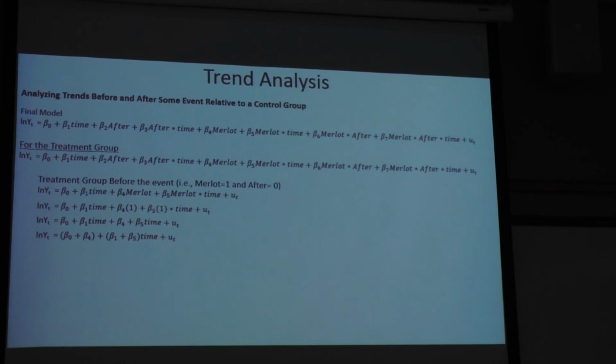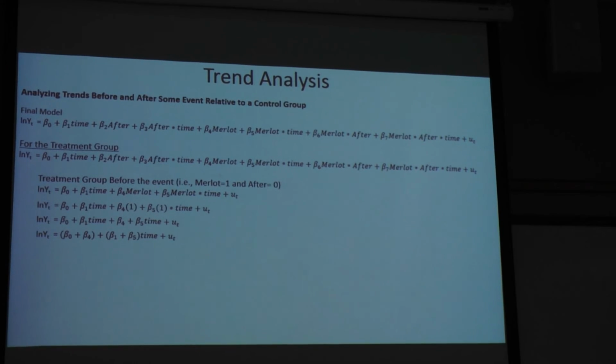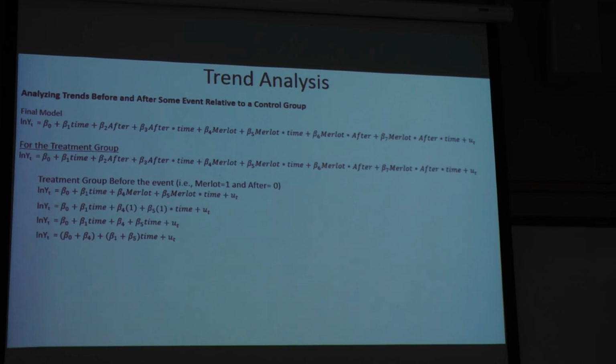If the treatment group had the same growth rate, same slope, before the treatment, what should be true? The growth rate should be the same. So what should be true?